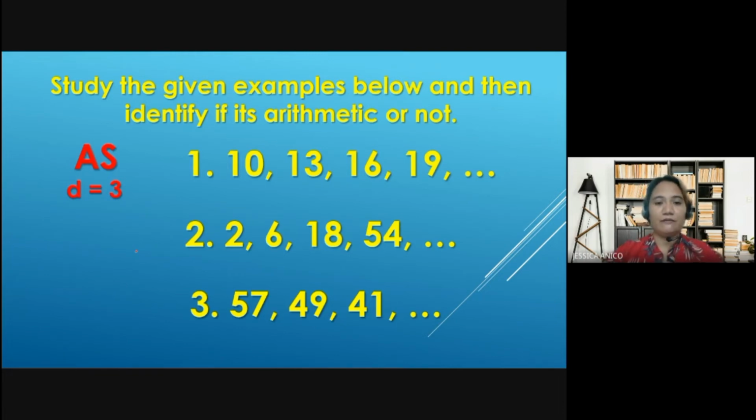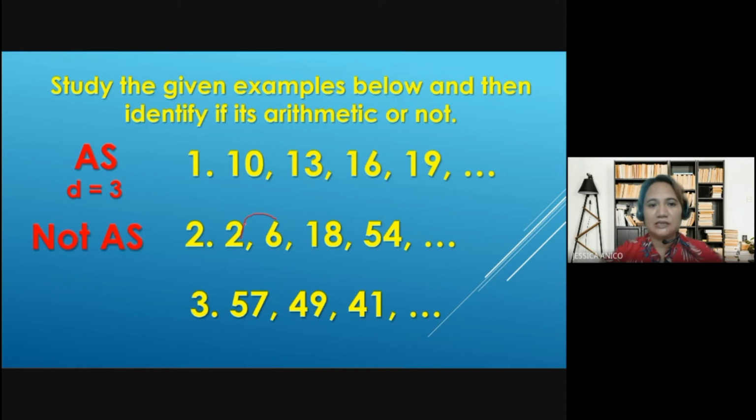Number 2, we have 2, 6, 18, and 54. Is it an arithmetic sequence or not? Okay. It is not an arithmetic sequence because we cannot find a common difference between two consecutive terms.